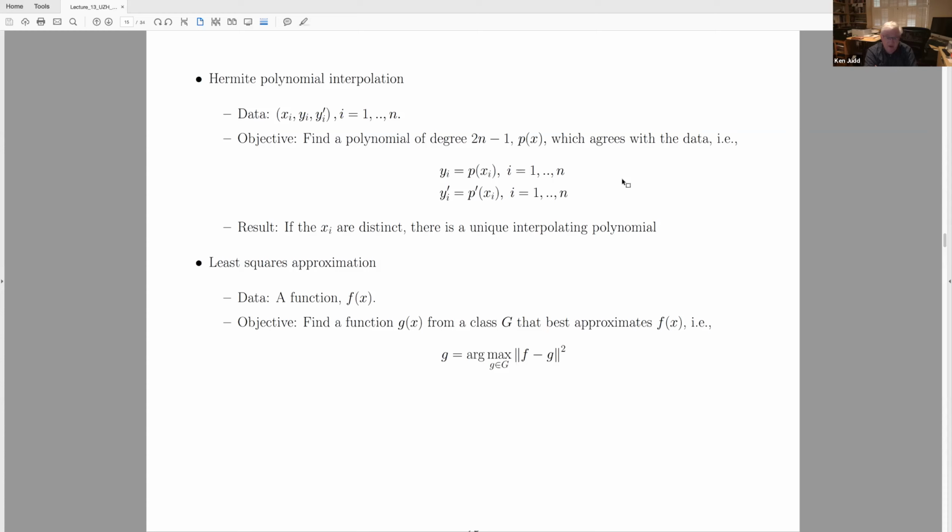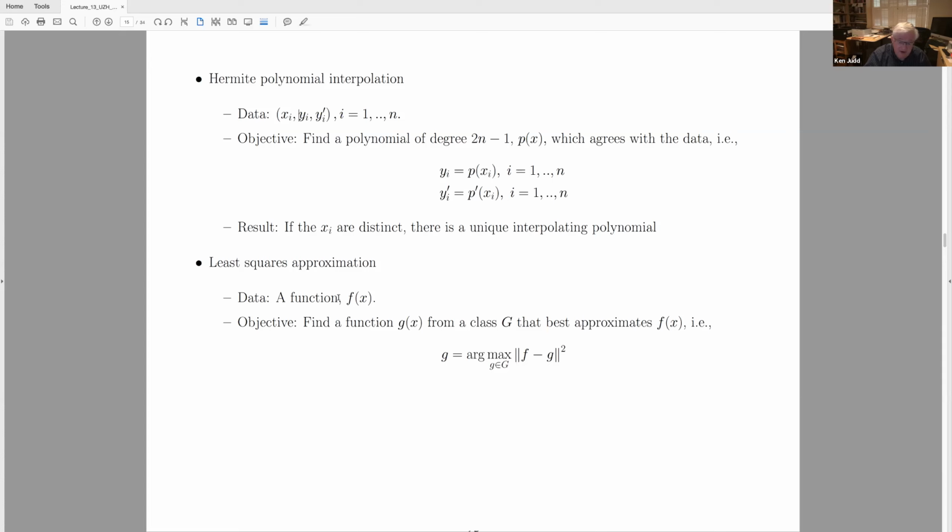Now, Hermite interpolation probably doesn't have much of an analog in regression. So this is an example of where the numerical method does go beyond in an interesting way what you do from standard statistics. Least squares approximation.